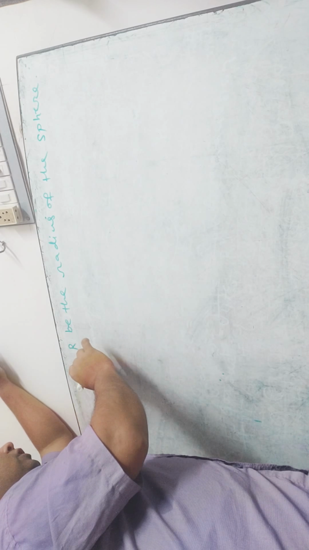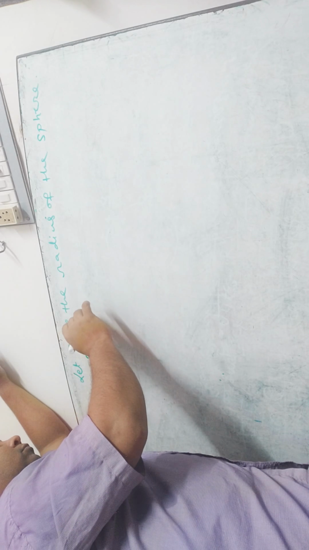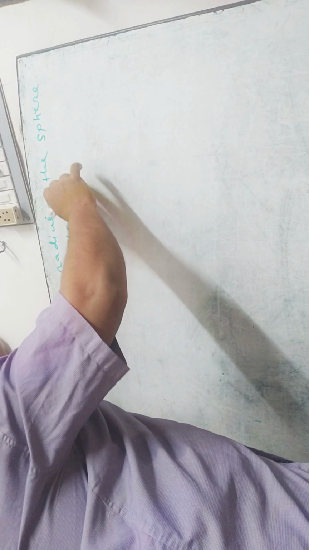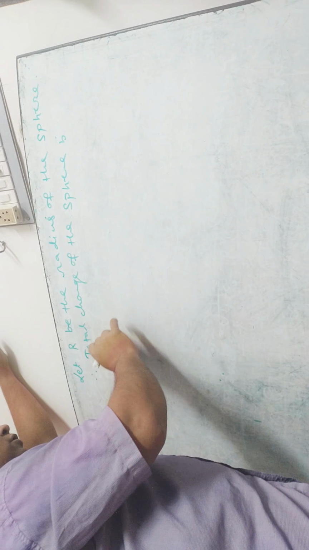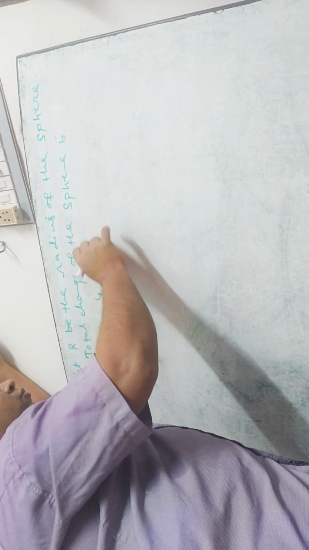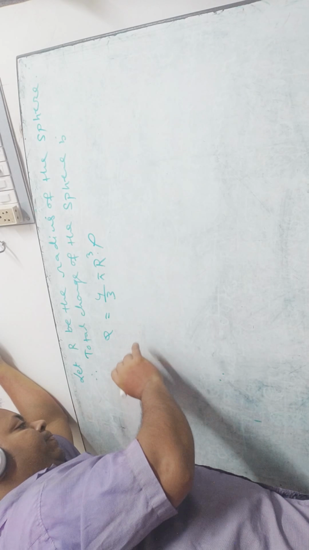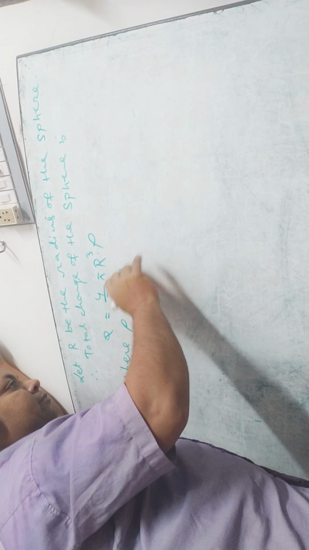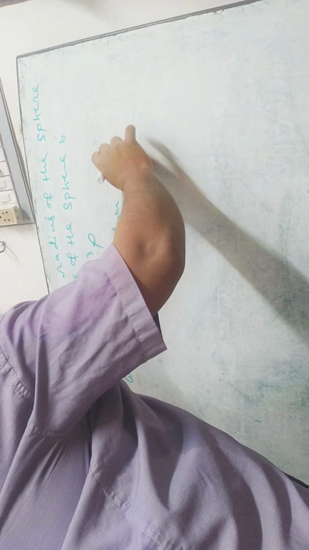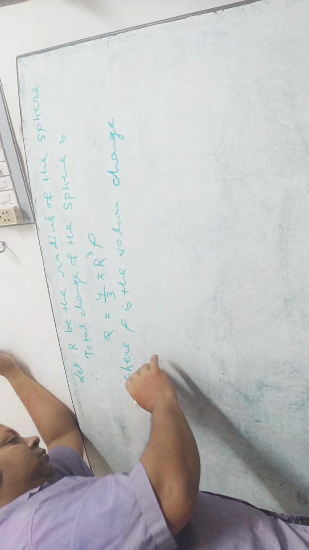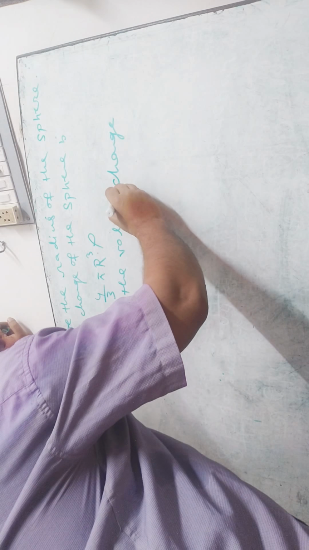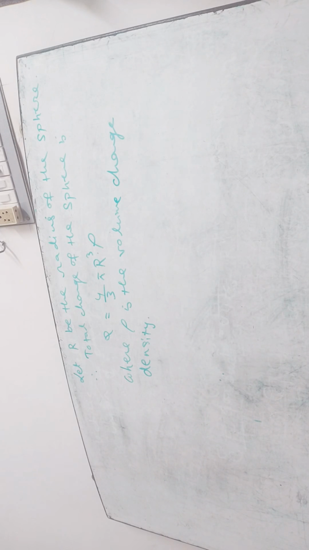Therefore, the total charge of the sphere is Q is equal to 4 by 3 pi capital R cube into rho, where rho is the volume charge density.